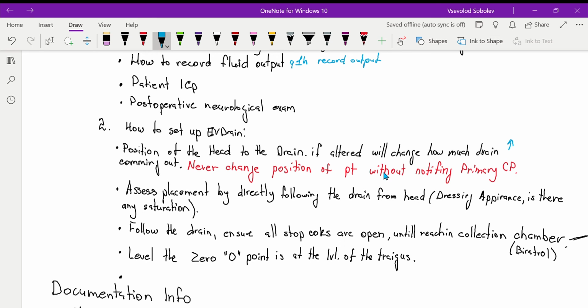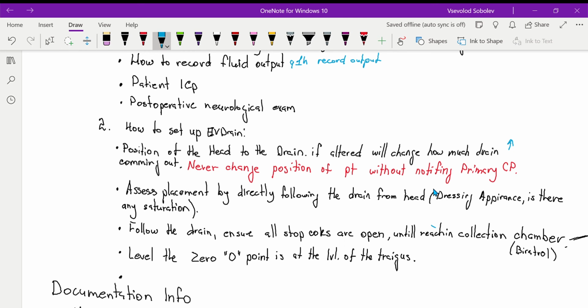Assess placement by directly following the drain from the head. Dressing appearance: is there any saturation? So you would chart on the dressing and check if there's any saturation or bleeding. Follow the drain. Ensure all stopcocks are open until reaching the collection chamber, also called the Buretrol.